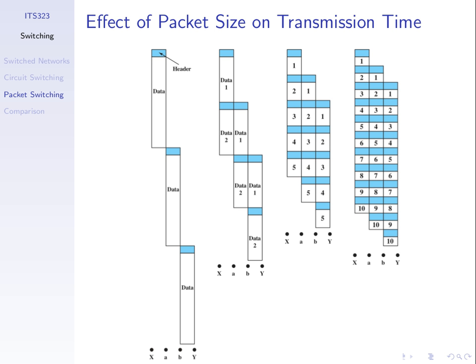You can calculate the total time. I think it's 2,100. And the fourth case, we have a smaller packet again, 100 bytes of header plus 100 bytes of payload, 10 packets. The total time, 2,400.